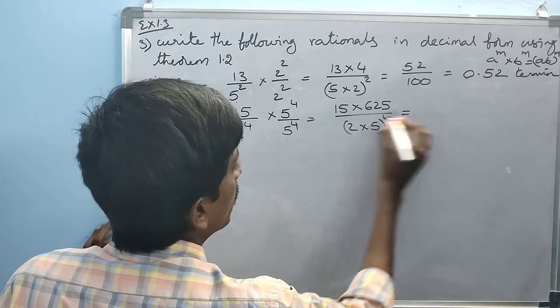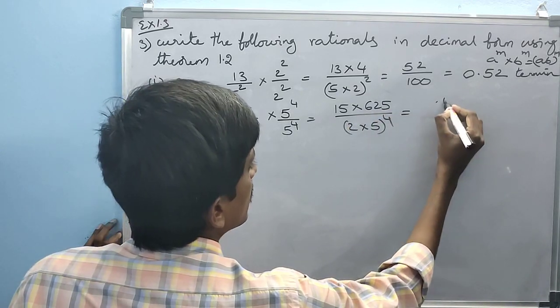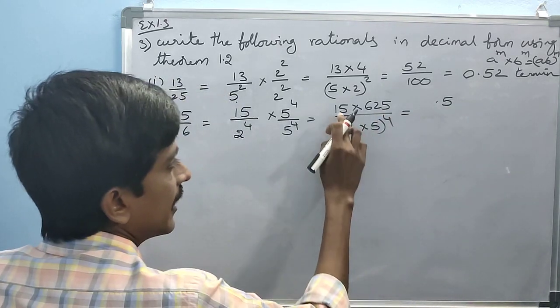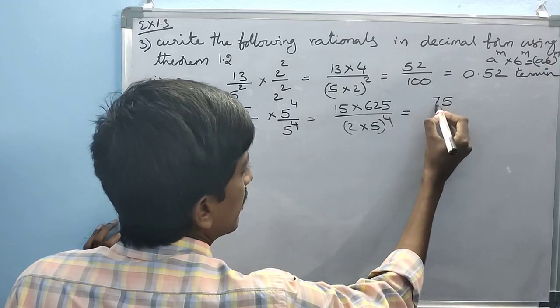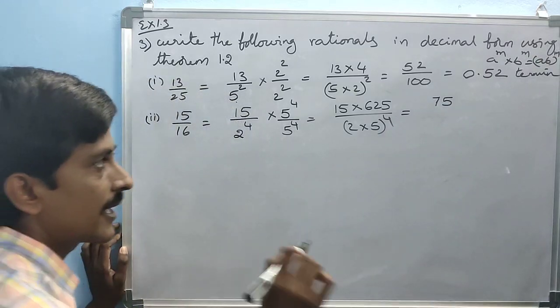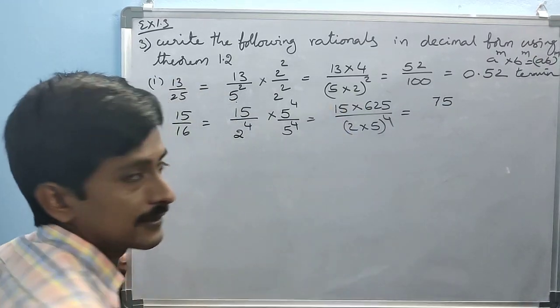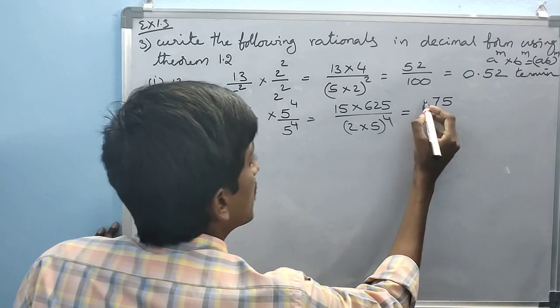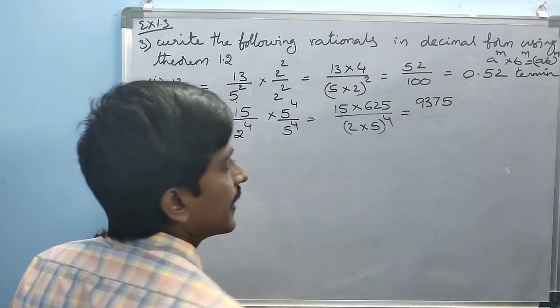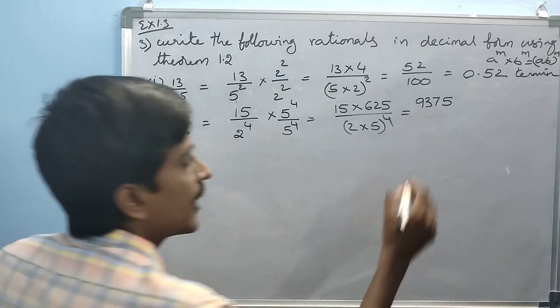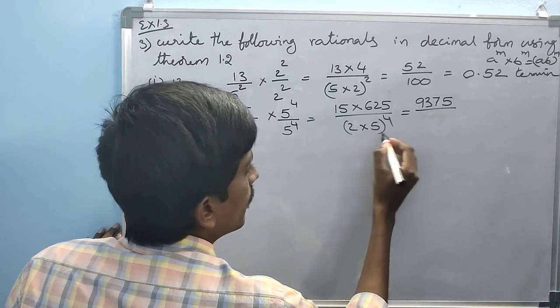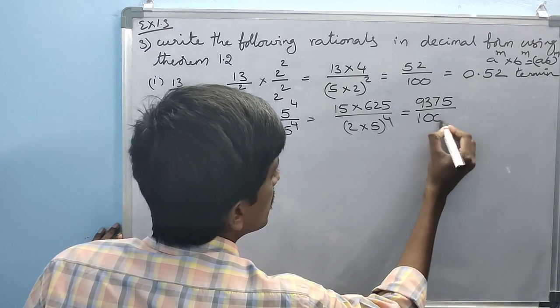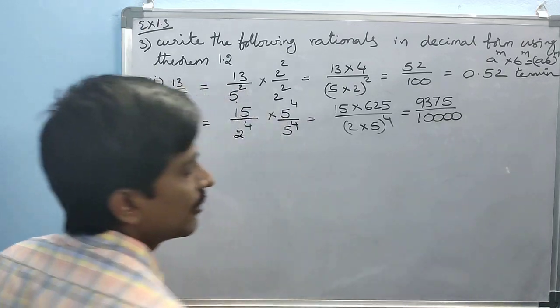Now 15 table. 15 5s are 75. 7. 15 2s are 30 plus 7, 37. 3. 15 6s are 90, 90 plus 3, 93. 9375 by 2 into 5, 10 power 4. 10 power 4 means 10,000, 4 zeros.